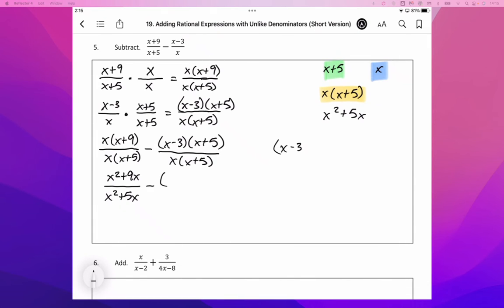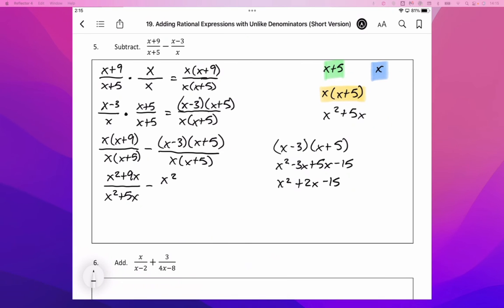X minus 3 times x plus 5 is going to be x squared minus 3x plus 5x minus 15, which simplifies to be x squared plus 2x minus 15. This problem is a bit of a beast too. So x squared plus 2x minus 15 over x squared plus 5x.